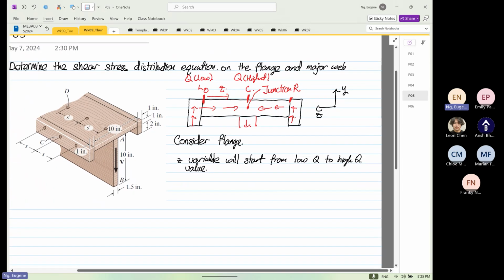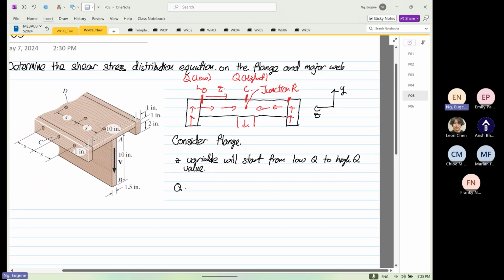So let's look at this. Q as a function of Z, or Q about the Z axis as a function of Z. Because this is our X, this is our Y, this is our Z. So this will be equal to QZ of the minor web plus QZ as a function of Z on the flange.